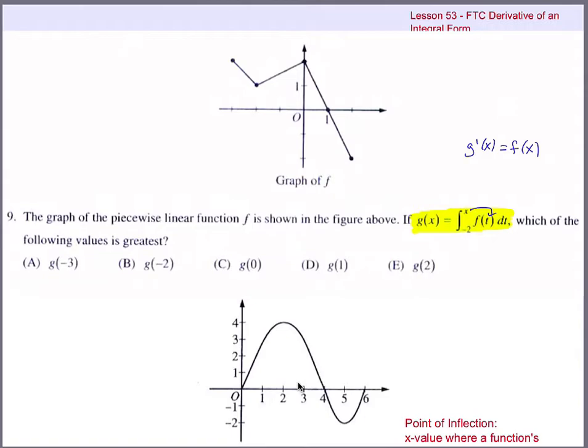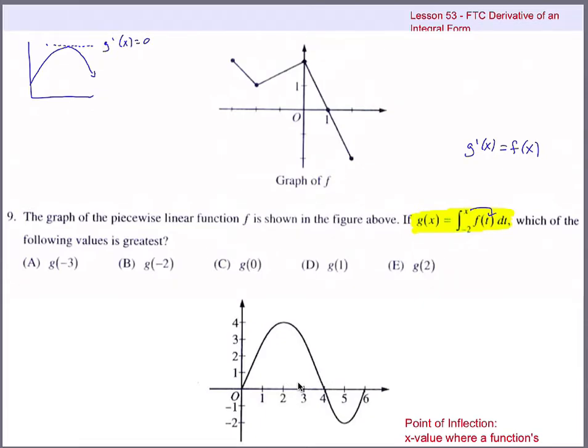So this question asks me which of the following values is greatest, and gives me a bunch of values of g of x. Well, the one that's greatest, we know this from earlier in the year, a function is maximized when it stops increasing and starts decreasing. And we know that means its horizontal tangent, g prime, would have to be 0.